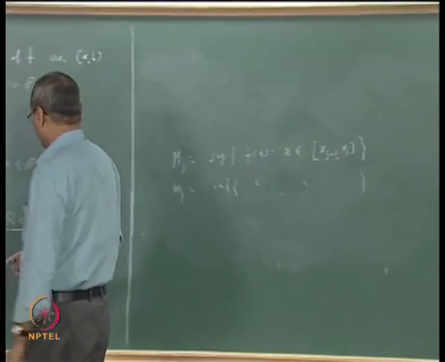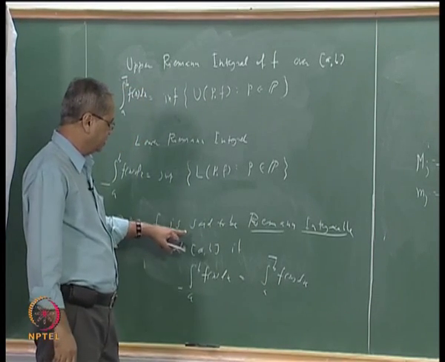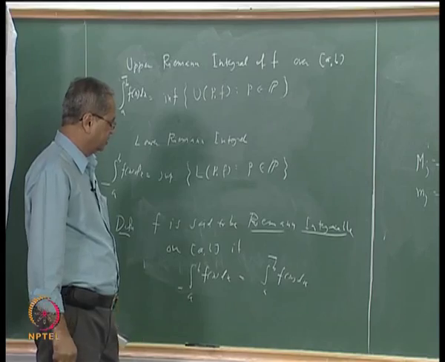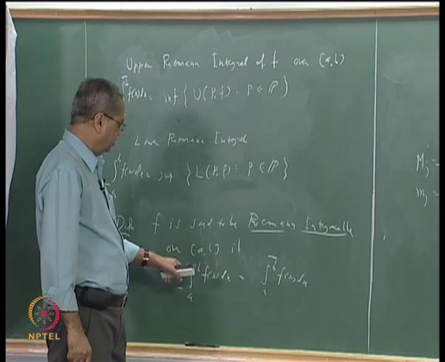Okay, so coming back to this, when the lower and upper Riemann integrals coincide, we say that the function is Riemann integrable, and whatever is the common value, that is called the integral of f.